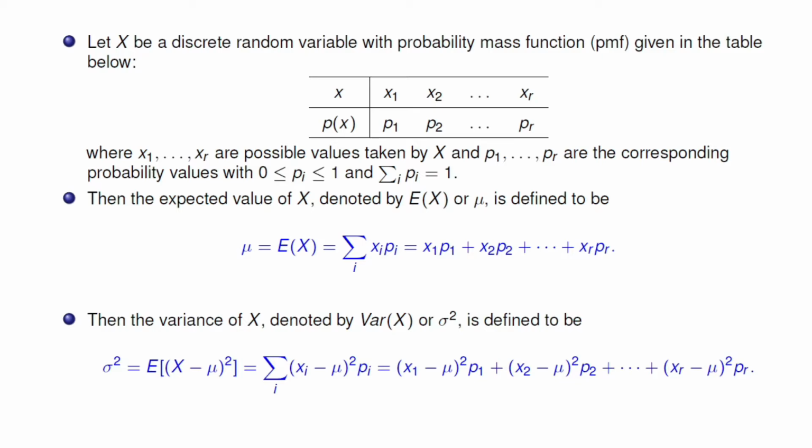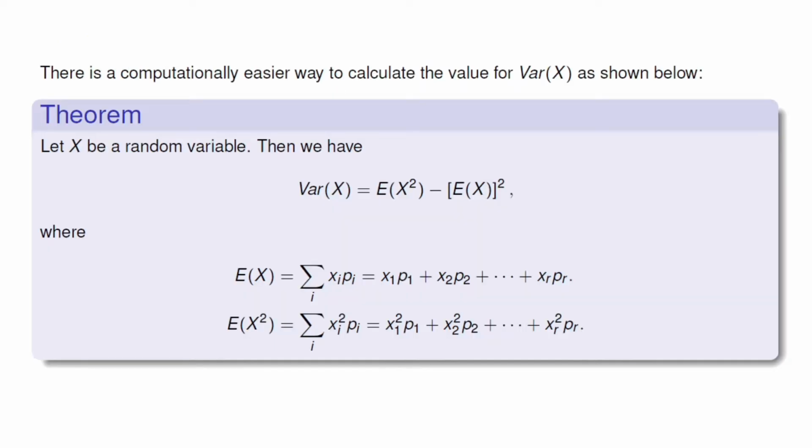Now, how can we find the variance? There is a computationally easier way to calculate the value of variance. It's stated in the theorem below. If we let X be a random variable, then we have this equation.